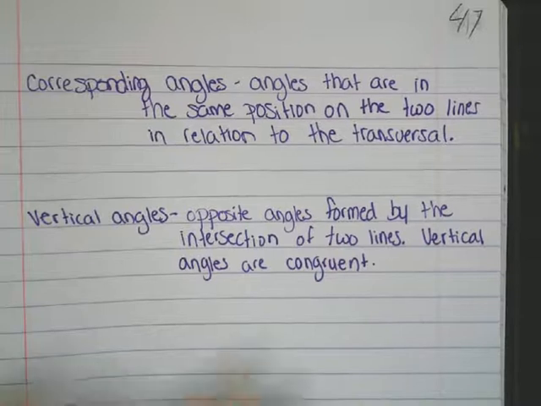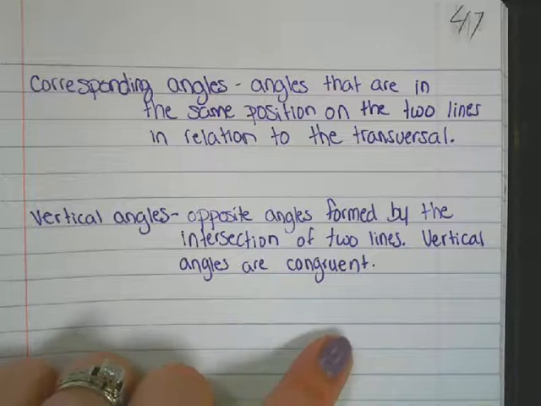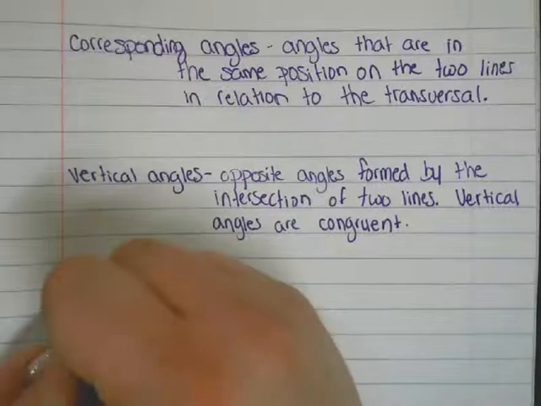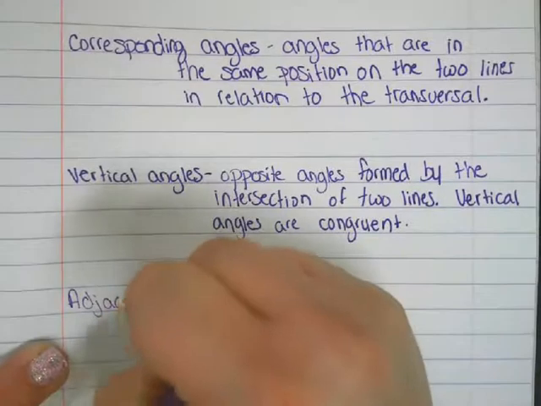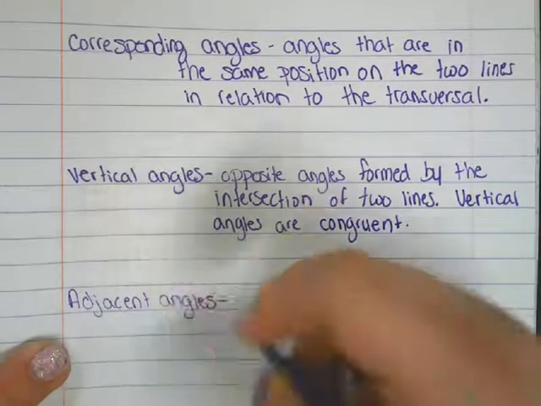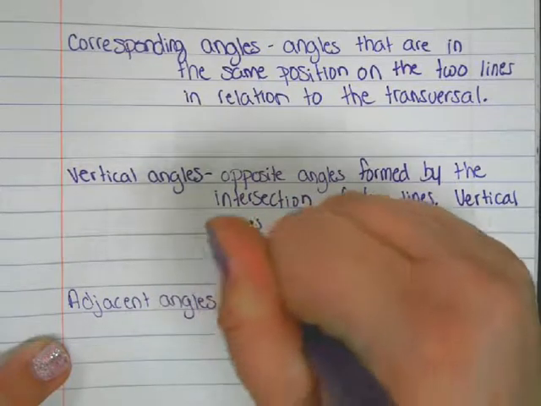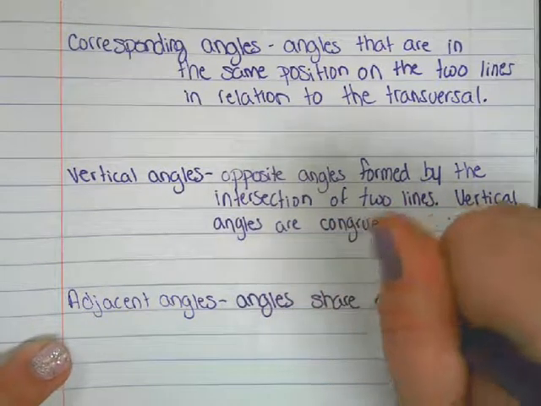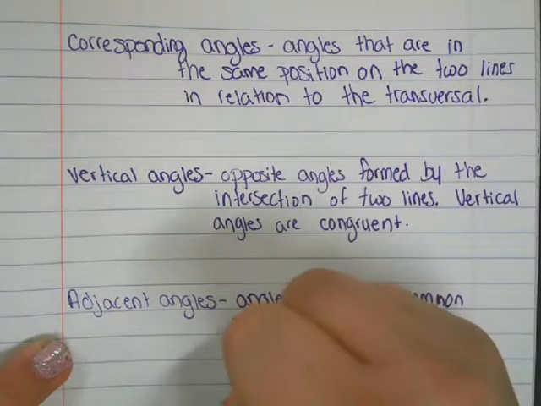3 more to look at. Next one, adjacent angles. So adjacent angles are angles that share a common vertex, a common side, and do not overlap.